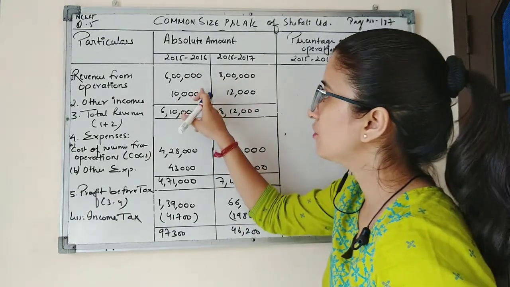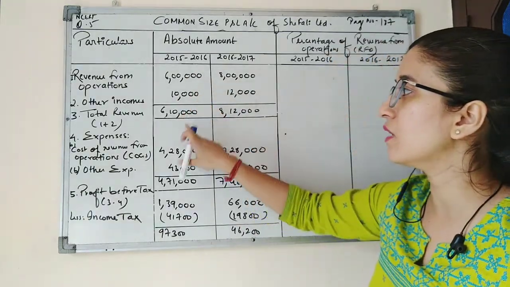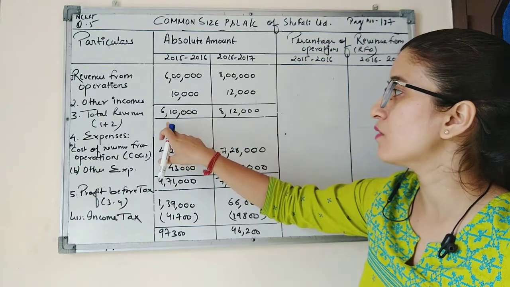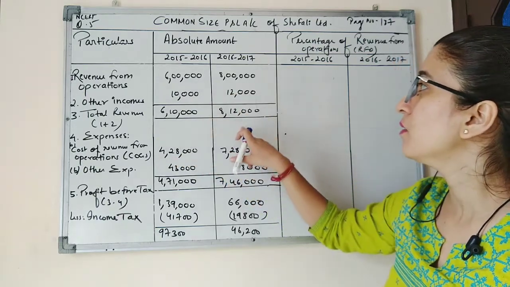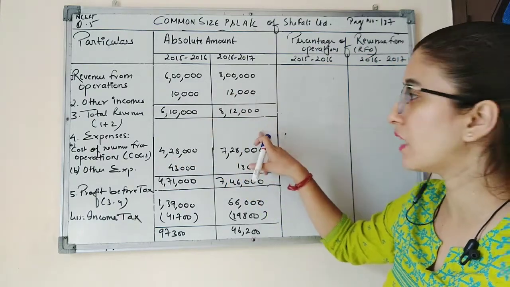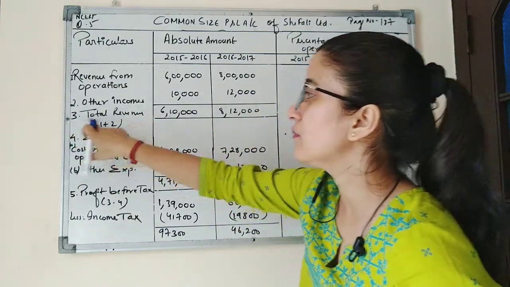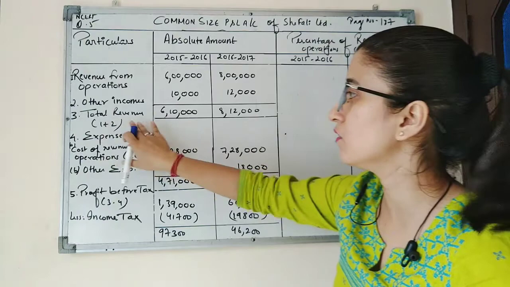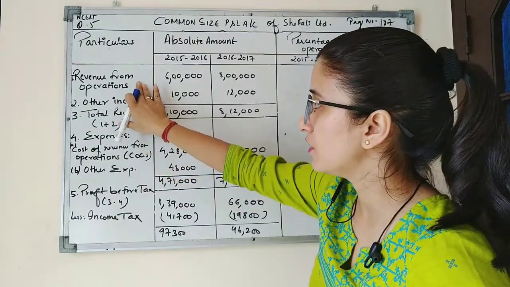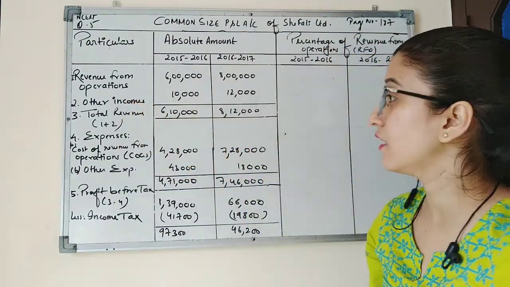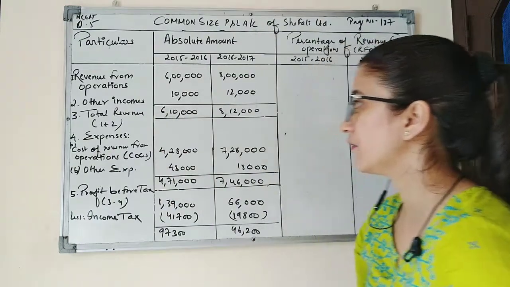Now we will add both revenue from operations and other incomes. We will get previous year amount 6 lakh 10,000 and current year amount 8 lakh 12,000. This is the amount of total revenue. The third heading will be total revenue, which is the sum of the first and second headings.